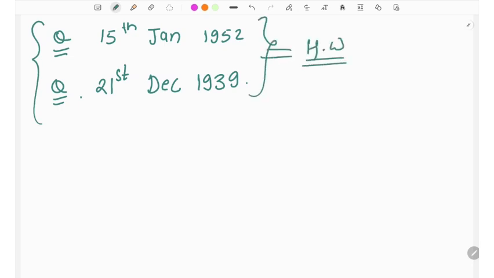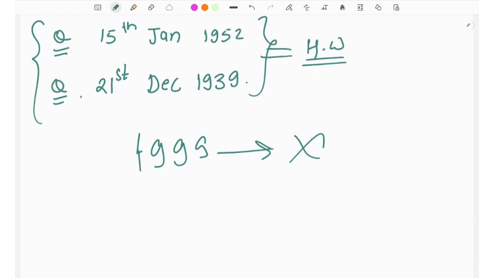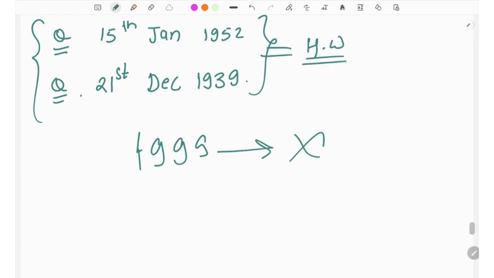Later on, the students who were born after 1999 cannot solve the question for their birth dates, but the students who belong to the 1900s century can simply solve this. Whether it is 1996, 1997, 1995, whatever your birth date is, you can find it out.